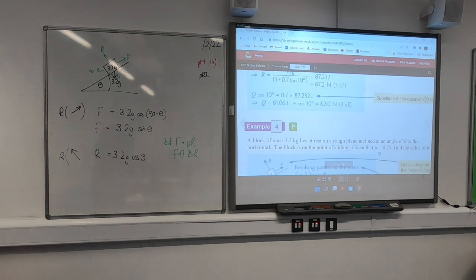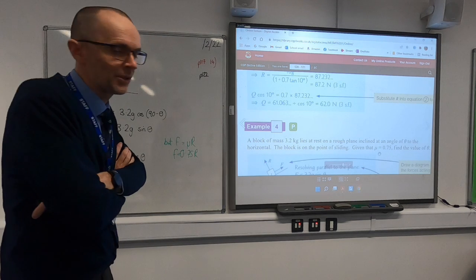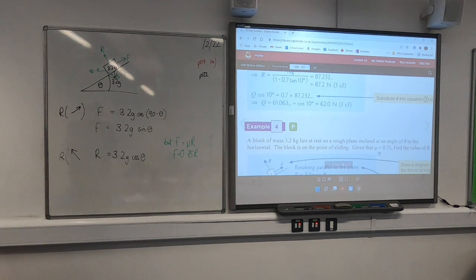So you're going to end up with an equation with a tan in it because you've got a sine and a cos. So you're going to end up with a tan theta equals something long and fiddly with lots of g's in it. But then shift tan of that will give you your answer.